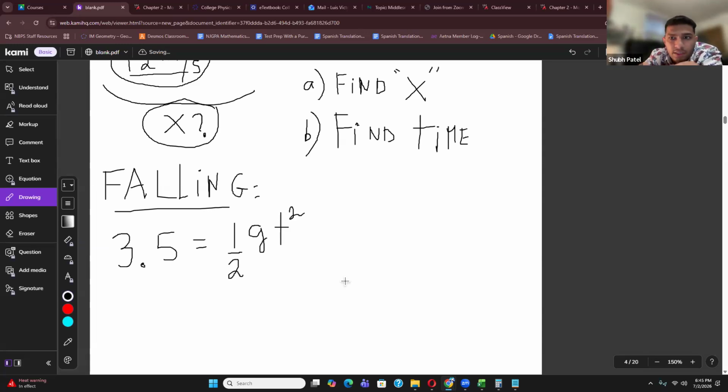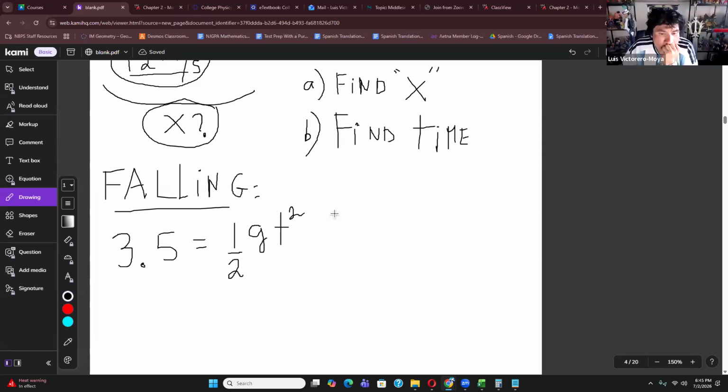Yeah, because the object is at rest, so the initial velocity cancels, right? There you are. So 3.5 equals 1/2 times 9.8 times time squared.